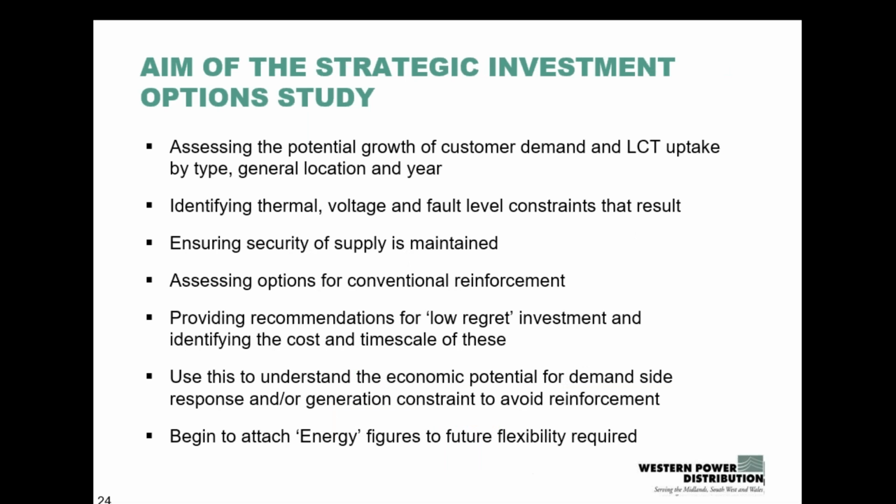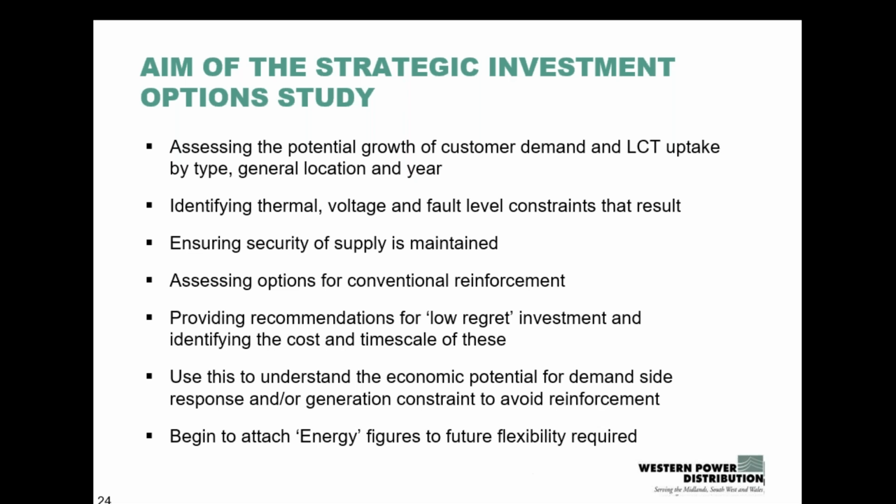So we do some strategic studies to help inform some of the options that we might need to take. That allows us to look at the level of customer-driven demands and generation type on the network, and we profile that by year as well. And we see what types of new connections might be coming onto our network.